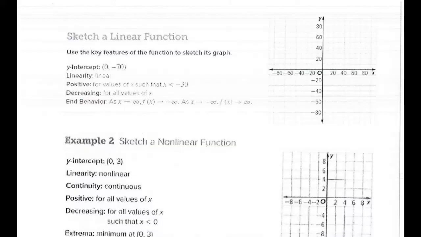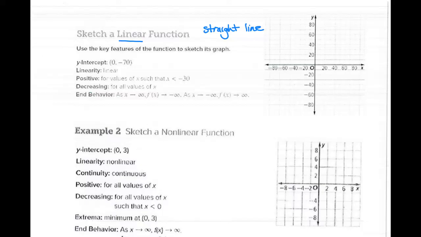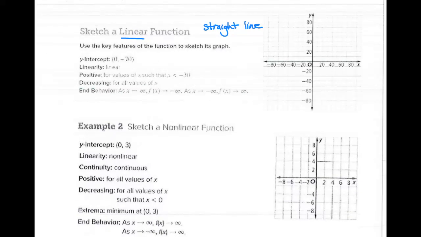What does it mean to be linear? What's the word inside the word linear? Line. Yes, we are talking about a straight line. So use that to help you. If it says it's linear, it's going to be a straight line. All right, so here is an important one.